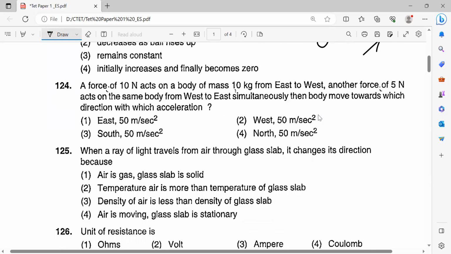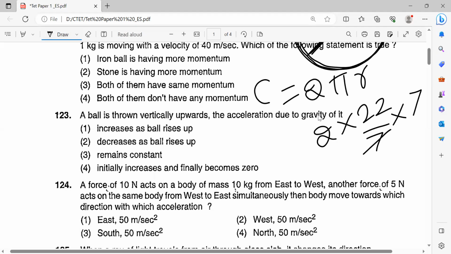The 7 gets cancelled, so you will get around 44 centimeter for one complete rotation. That is for 10 seconds.